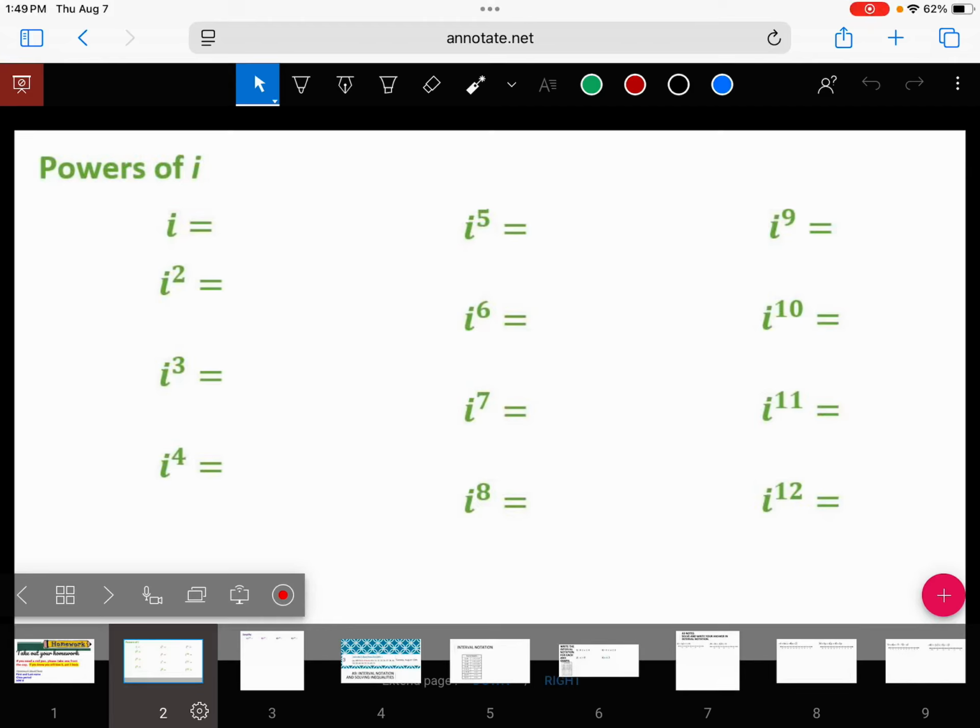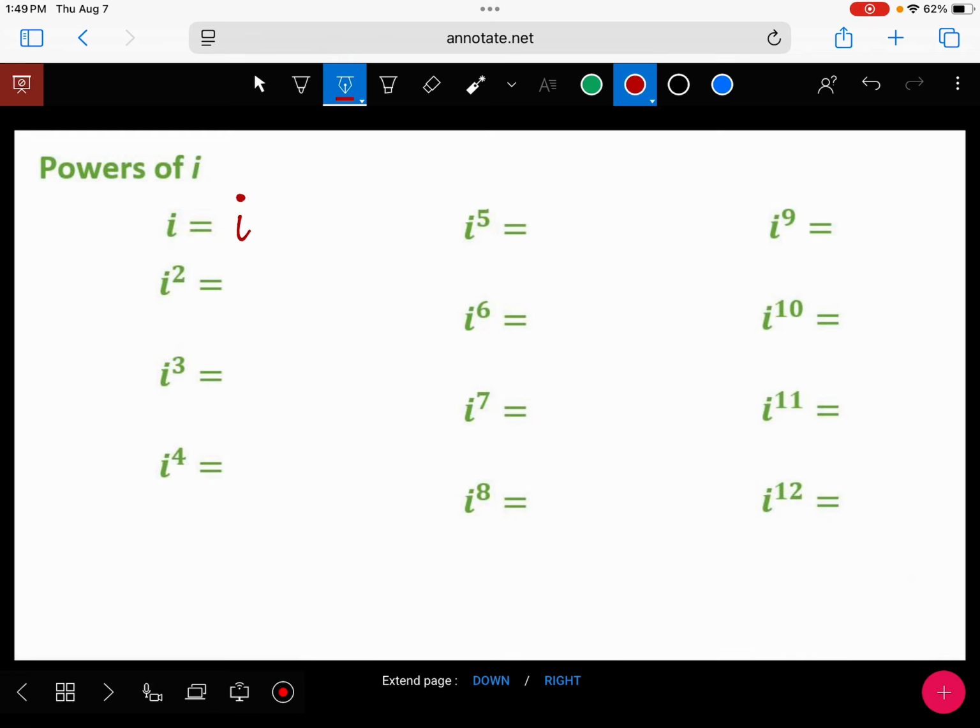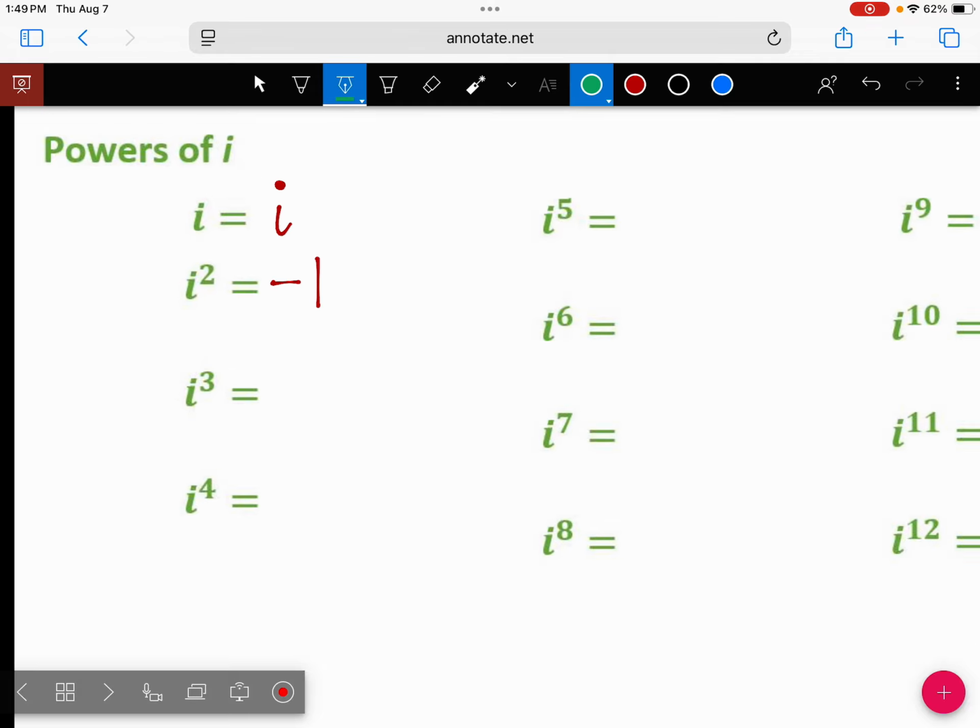So i is just equal to i. Who remembers what i squared equals? -1. i to the power of 3 can be separated to i squared times i.